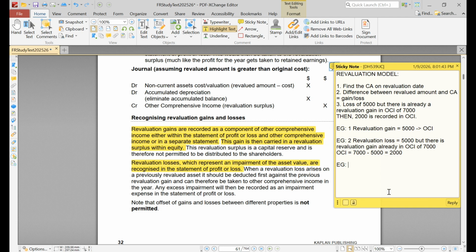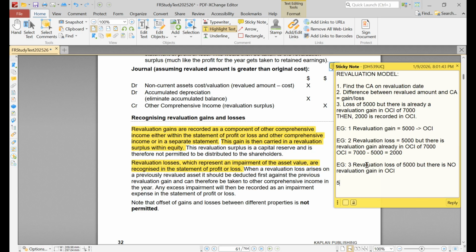In example 3, there is a revaluation loss of 5,000, but there is no revaluation gain in OCI.